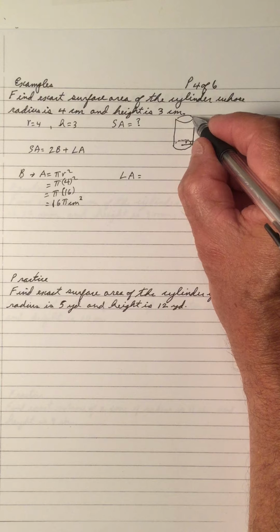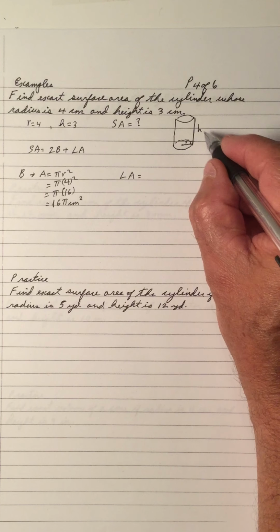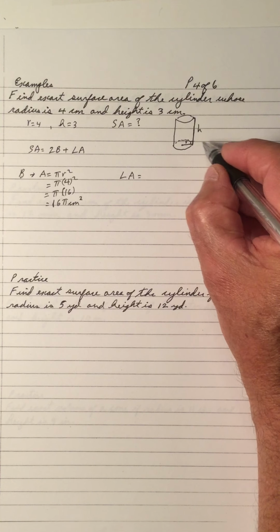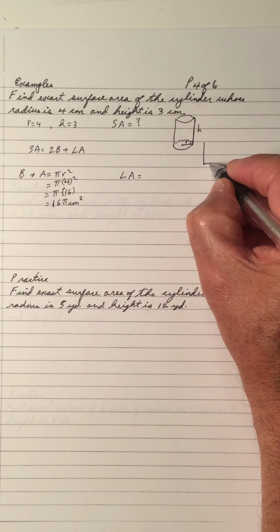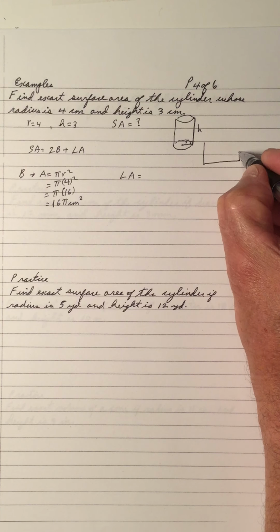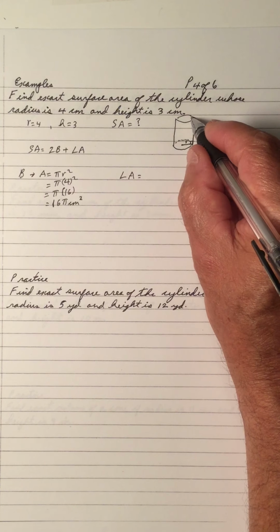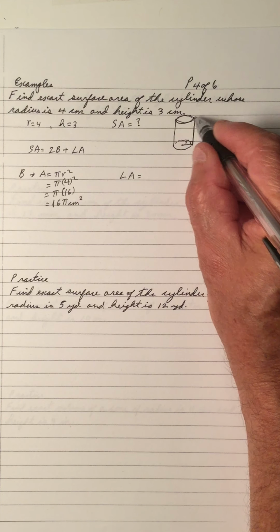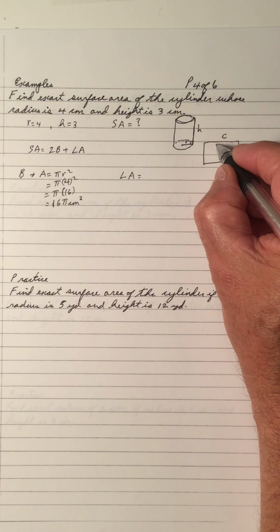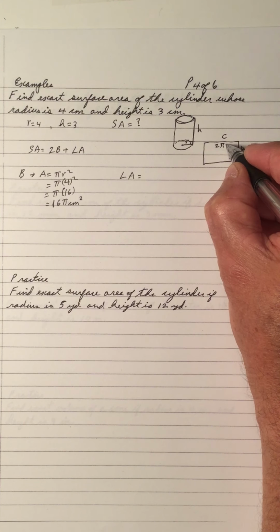The lateral area is the area of the side. Remember, if you take a cylinder and cut it down like that, then it unfolds to be this. So that's the height, and this around here, that's your circumference. And your circumference is 2 pi r.